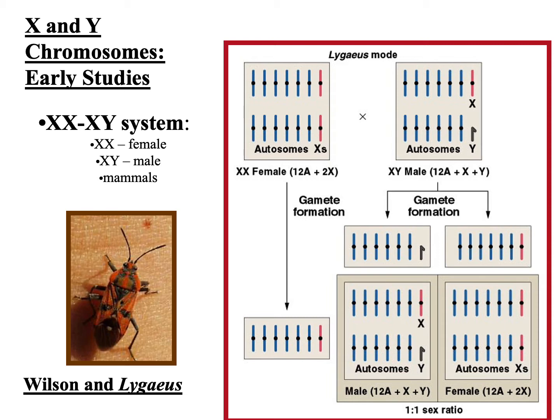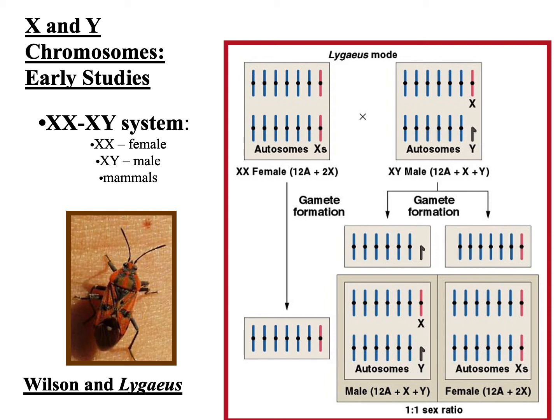So if a female egg was fertilized by the first example, where you have the Y chromosome in the sperm that's produced, the result would be an individual that has 12 autosomes, one copy of X, one copy of Y, and these individuals would be male.